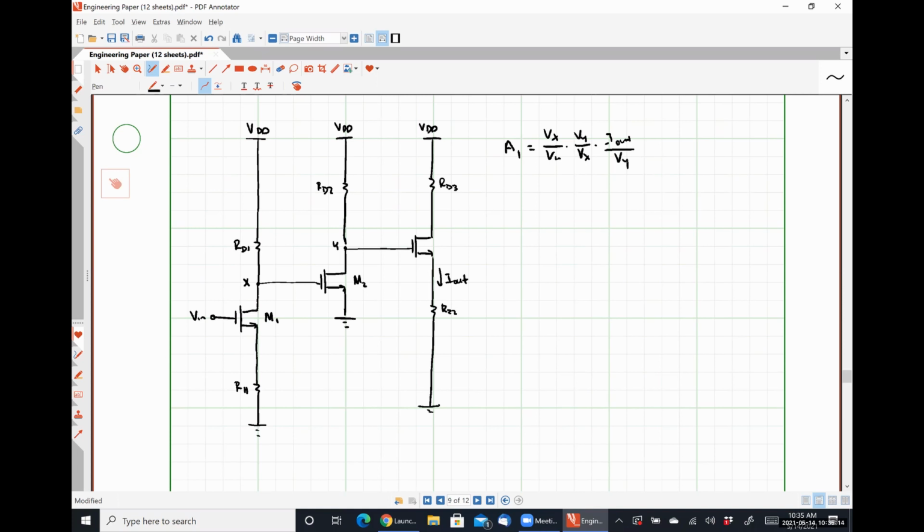So our first stage, we have Vx over Vn. It's just a degenerated common source amplifier, because these are all MOSFETs. So it's going to be GM1 times RD1 divided by 1 plus GM1 R11. Vy over Vx is a common source amplifier with no degeneration, so it'll just be negative GM2 times RD2.